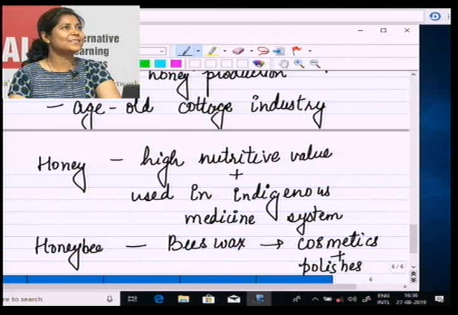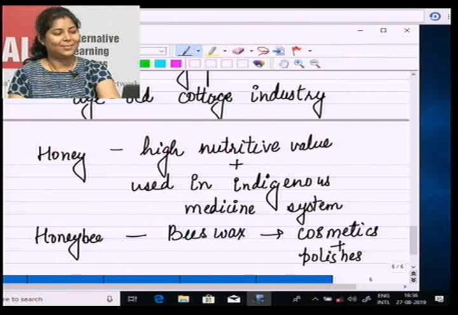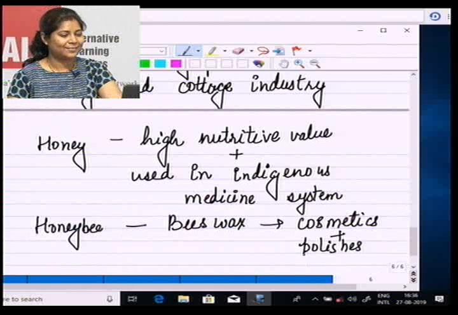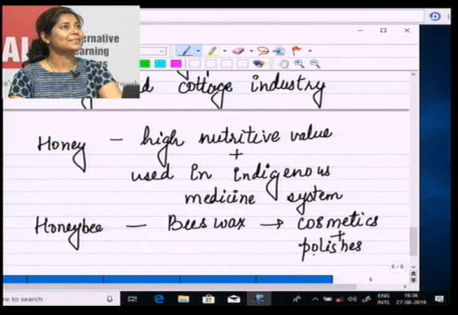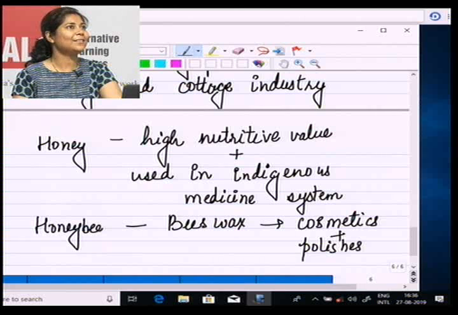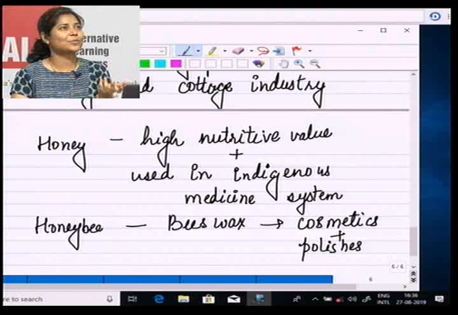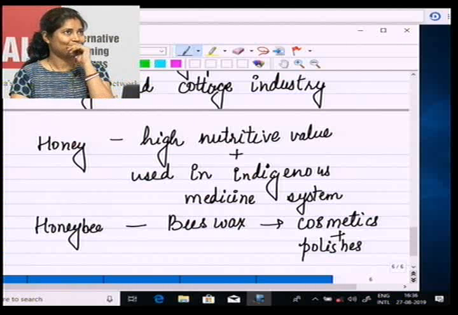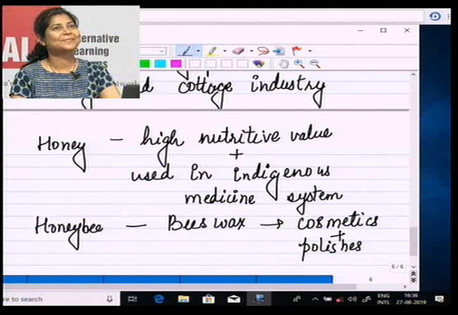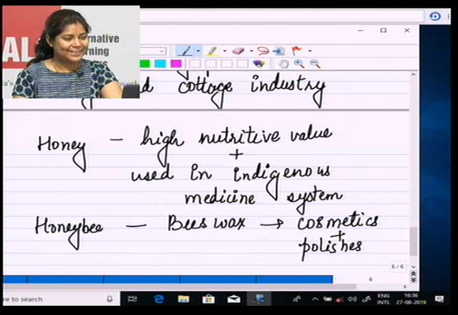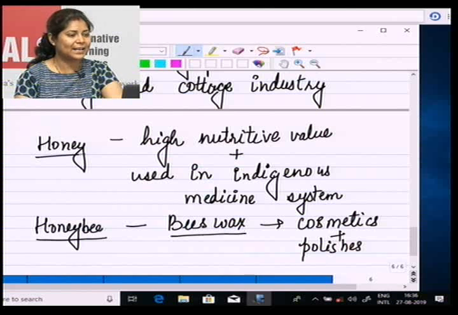Beeswax is a face cleanser. I never knew this thing. Okay, fine. So honeybee is producing beeswax as well as honey.